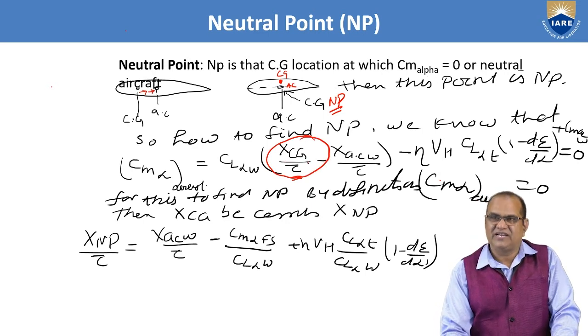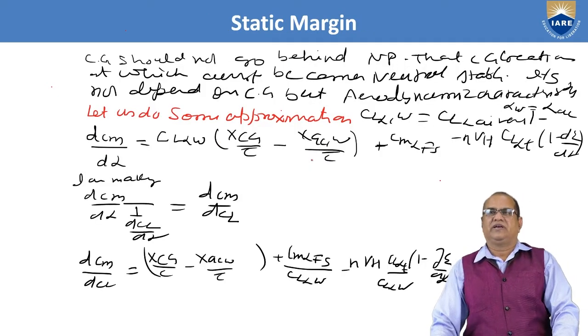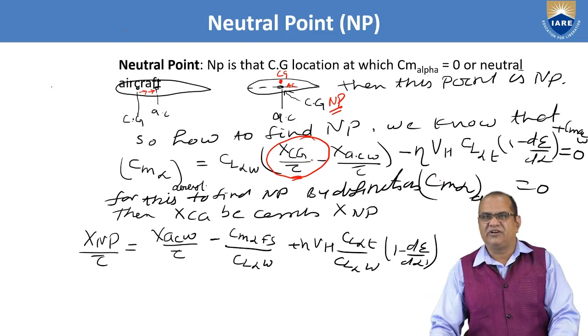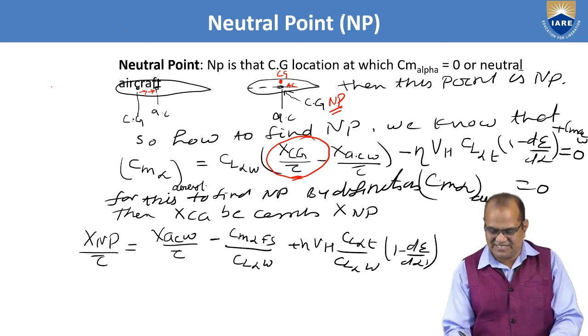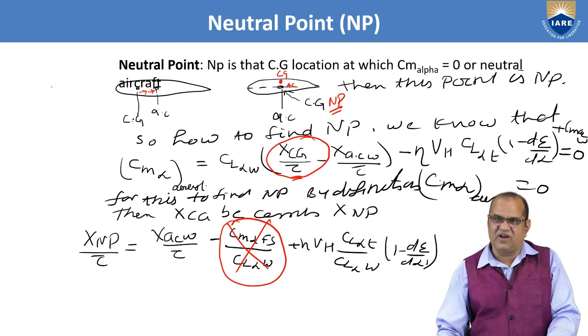That is the difference. Now we have found that the neutral point is XAC W by C bar minus CM alpha Fs. Normally this Fs we don't consider as of now.